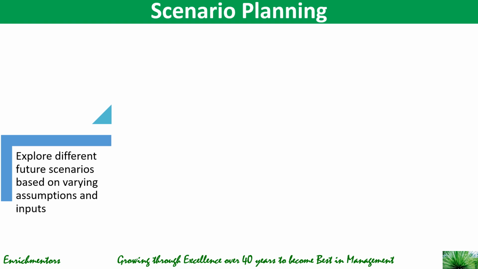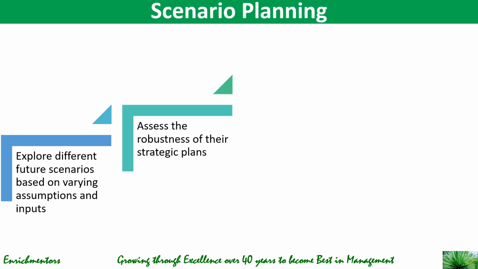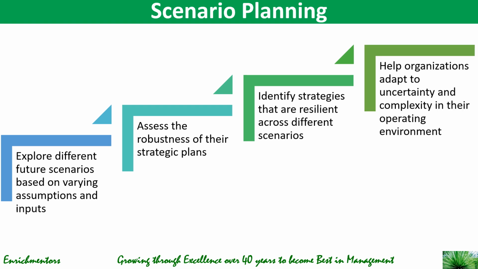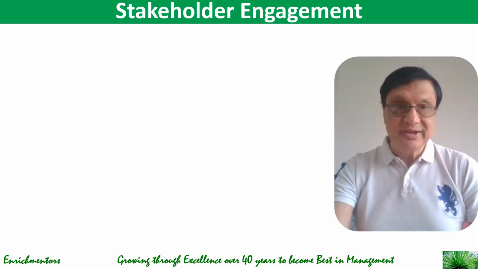By considering possible future scenarios, you can assess the robustness of your strategic plans and identify strategies that are resilient across different scenarios. They will stand through, they will work in different scenarios. And this approach helps your organization adapt to uncertainty and complexity in your operating environments.